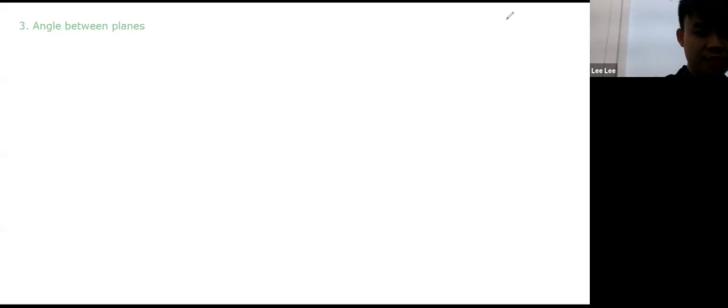To find the angle between planes, we need a sketch first. Let's say this is the first plane, this is the second plane. Your second plane will have a normal, and your first plane also will have a normal. The normal and the plane are always at 90 degrees.